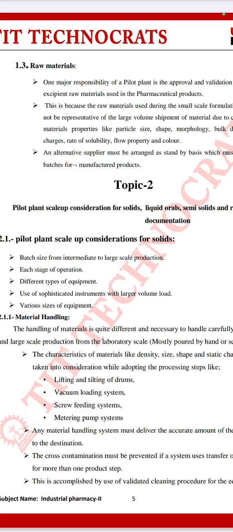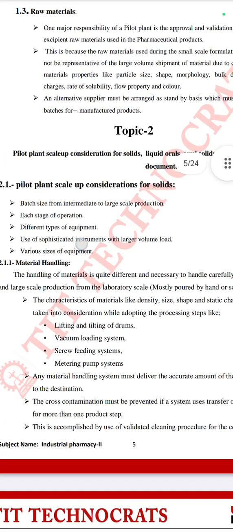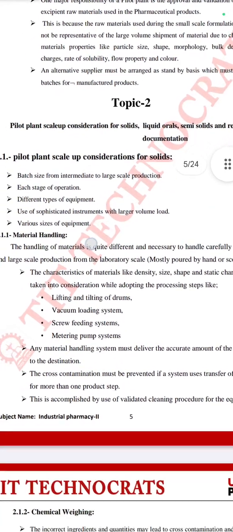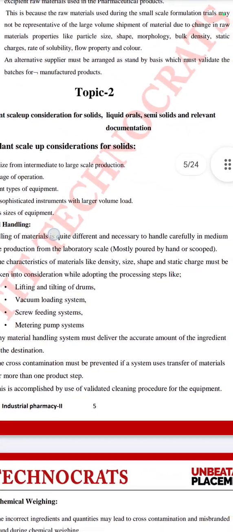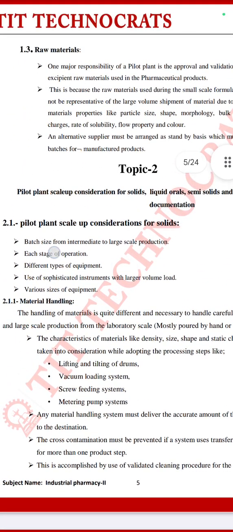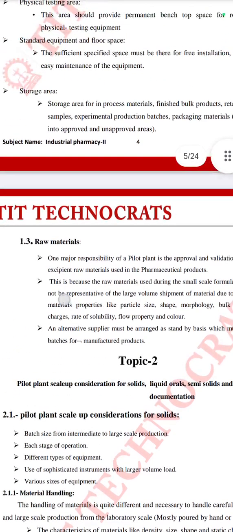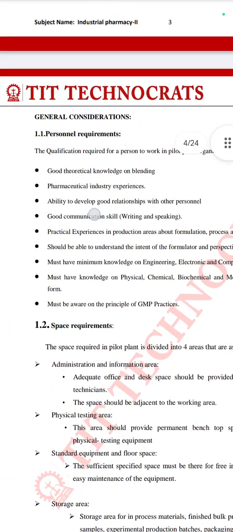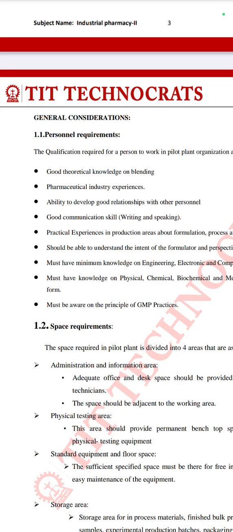the pilot plant consideration. Topic 2 comes under Unit 1, pilot plant scale up techniques, as well as pilot plant scale up consideration for the solid, liquid and oral, semi solids and documentation. In the above slides we were talking about the general consideration of the pilot plant.